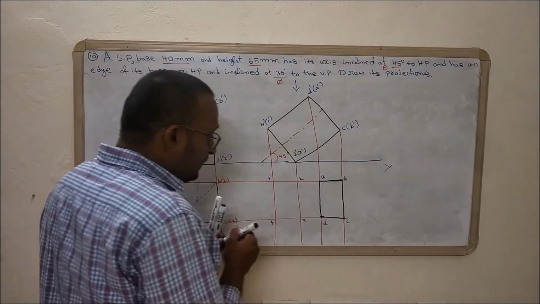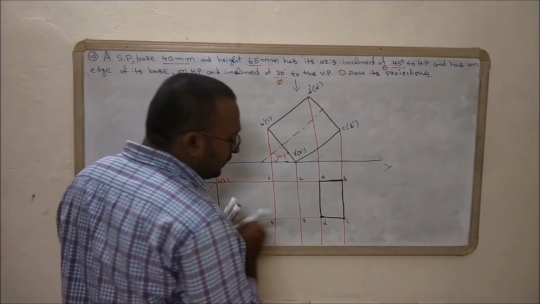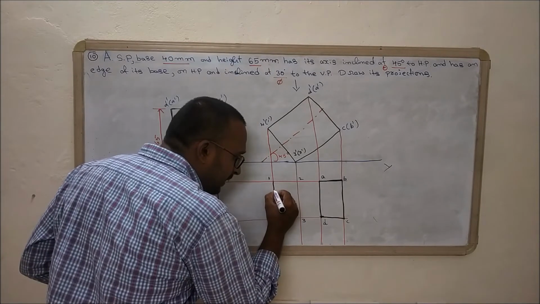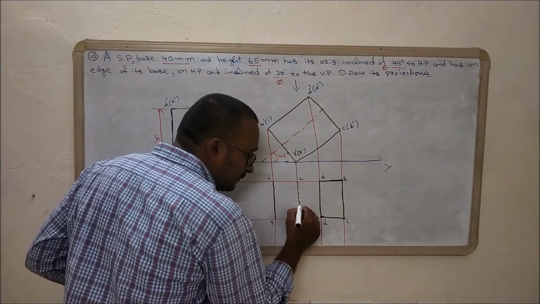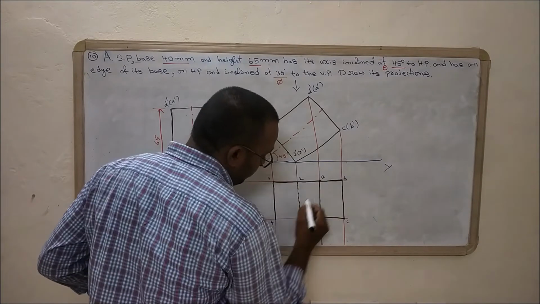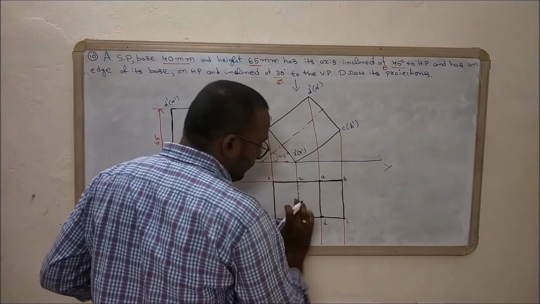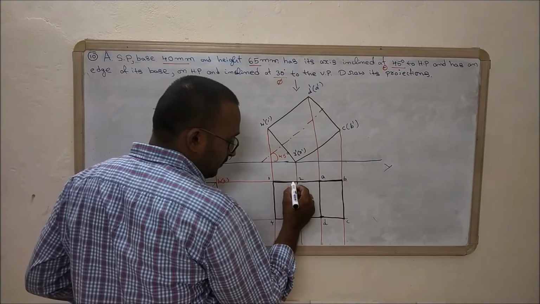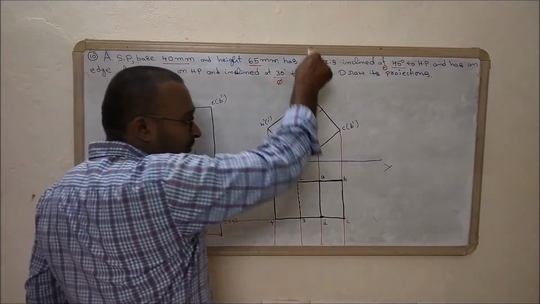Then this face will be half visible and half invisible. That means the 1-4 line will be completely visible, and the remaining lines are going to be hidden lines. So 1A is visible, 4D is visible. So this is the actual diagram when we are going to see from the top view.